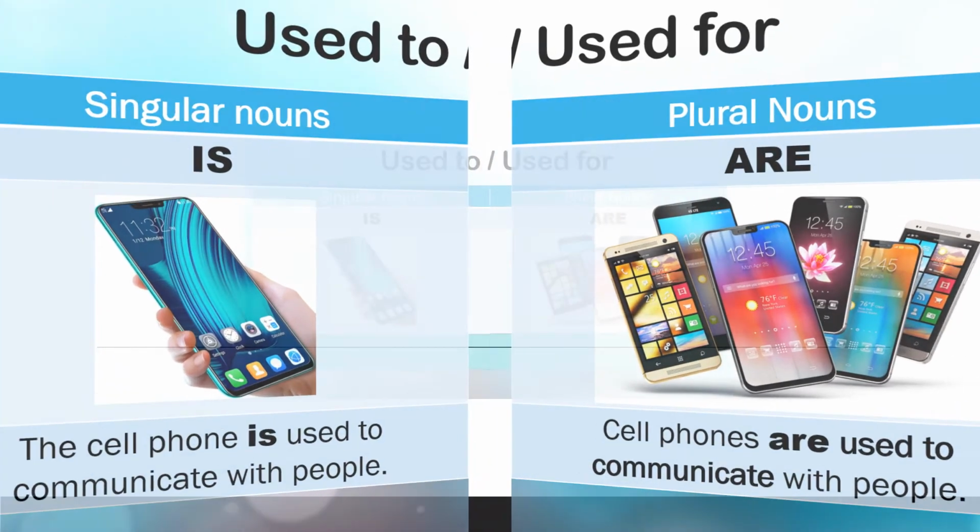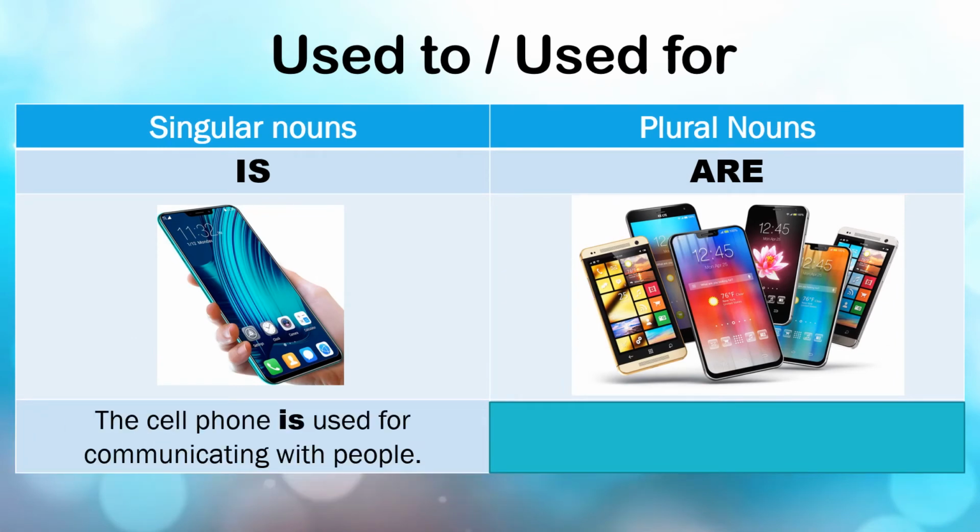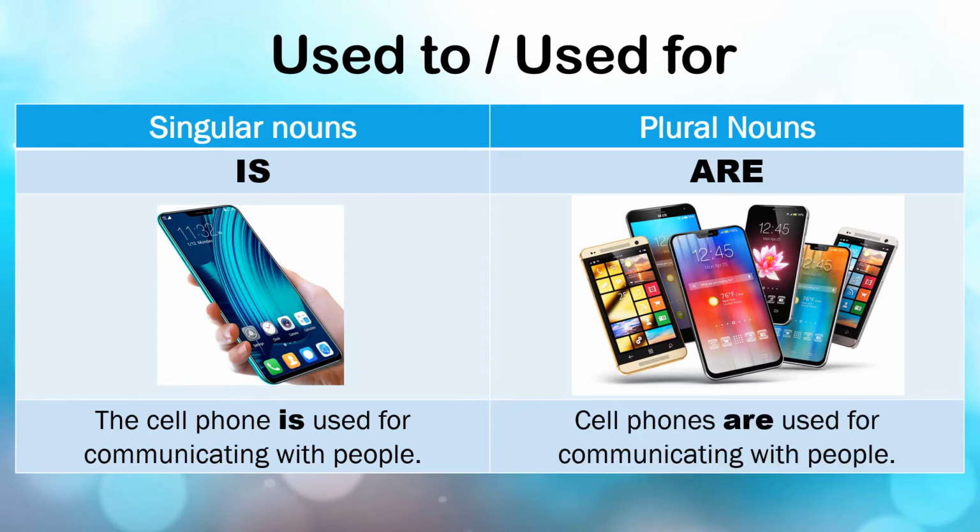Now let's see this part. Here, the cell phone is used for communicating with people, and cell phones are used for communicating with people. As I told you before, you can use is or are with the infinitives or the gerunds. The important thing is that when you use an infinitive, like to communicate, the verb has to be simple.